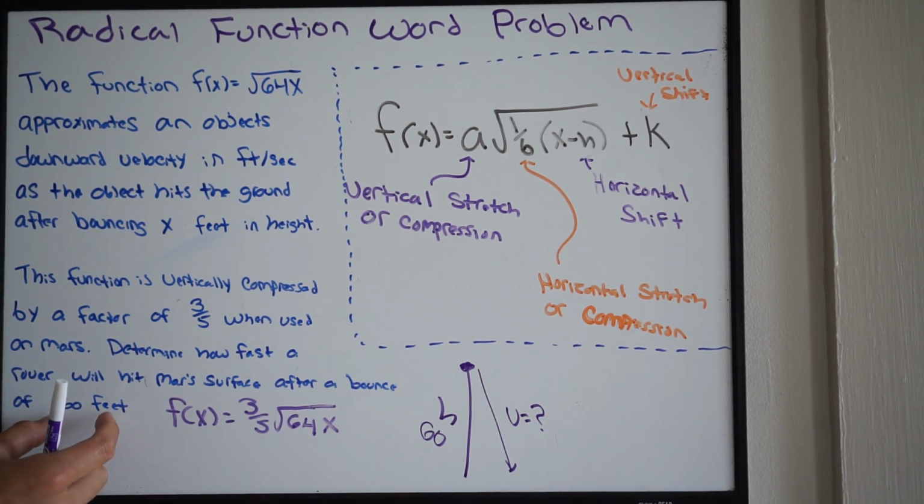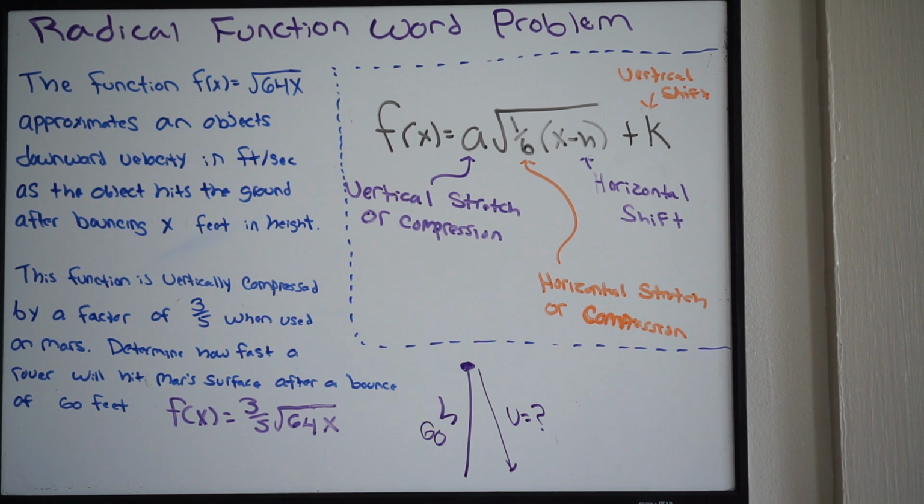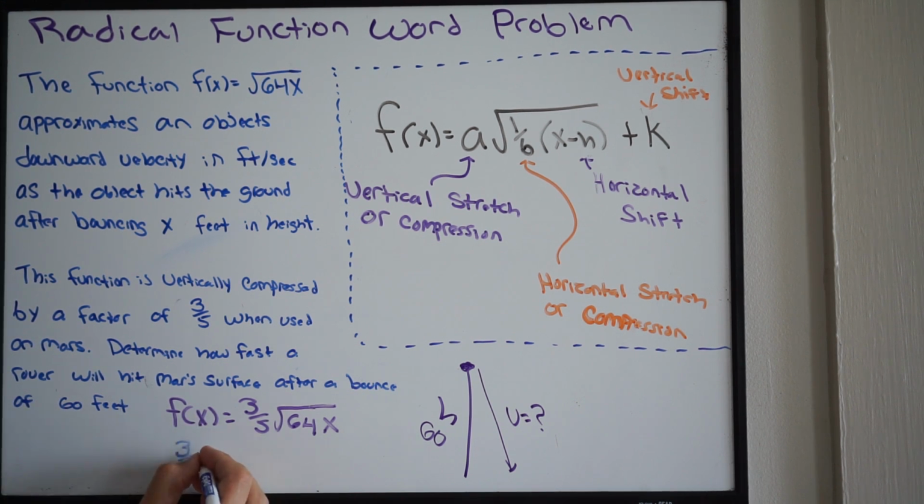Our x value here is going to be 60. So essentially what we're going to do here is 64 times 60. We can go ahead and write this out right here. We'll have 3/5 times the square root of 64 times 60.